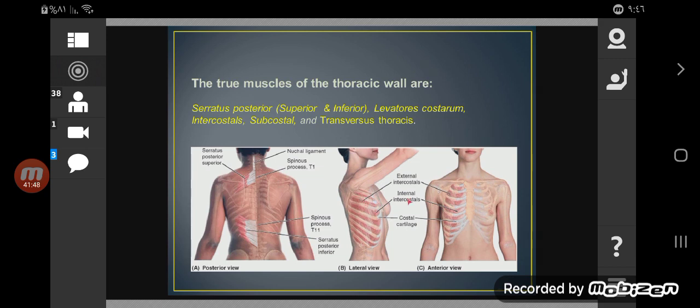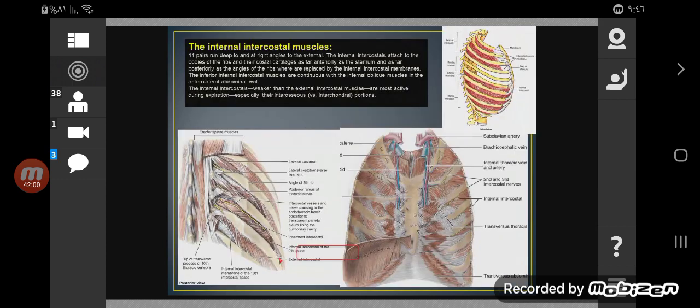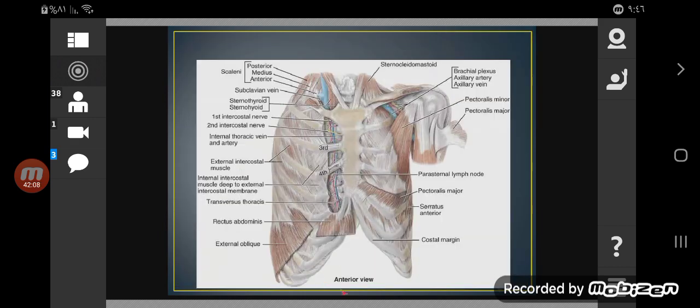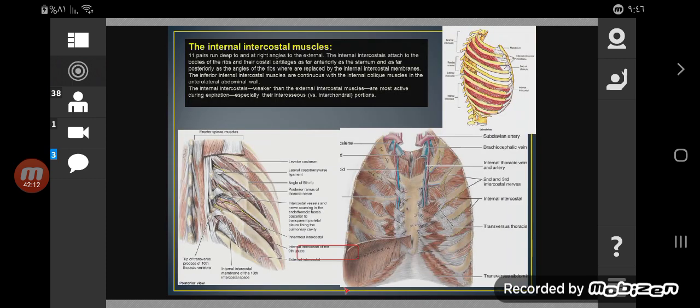Intercostal muscles consist of the external, internal, and innermost intercostal muscles. Levator costarum muscles, this one, levator costarum, at the back of the thorax you can find them, and subcostal muscles.